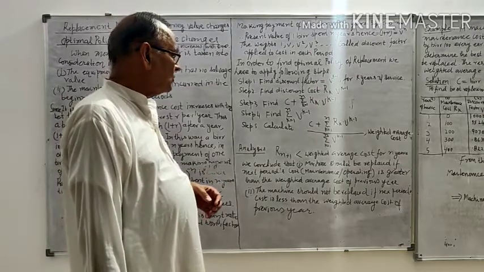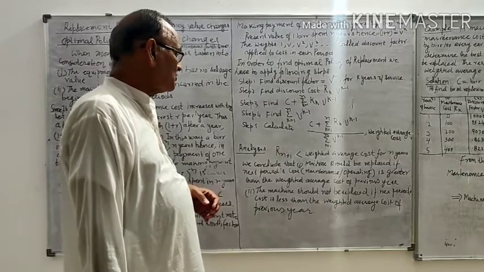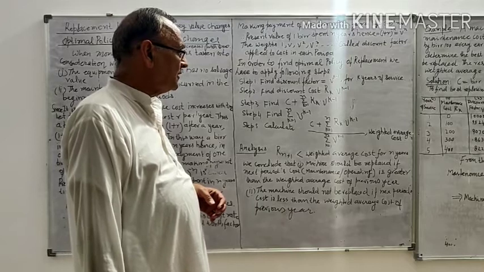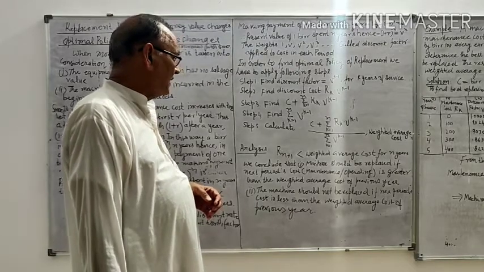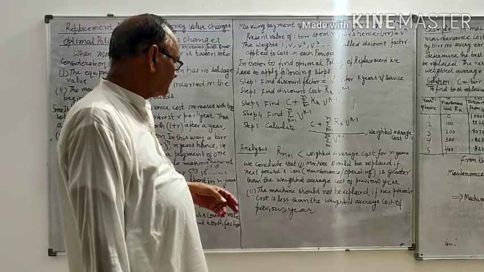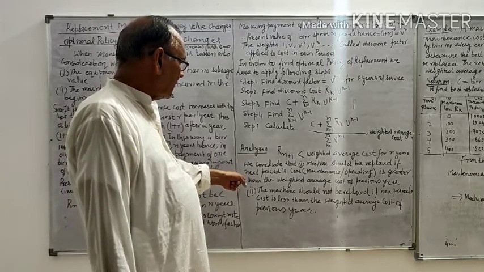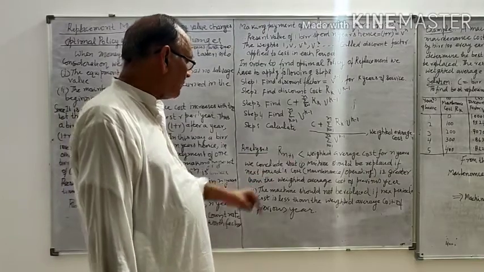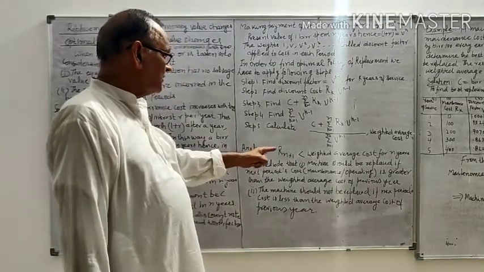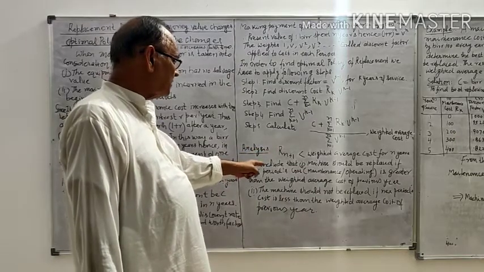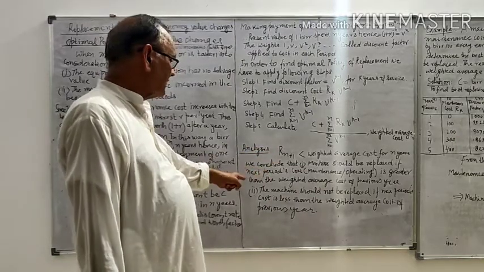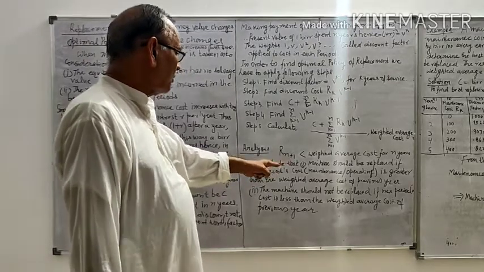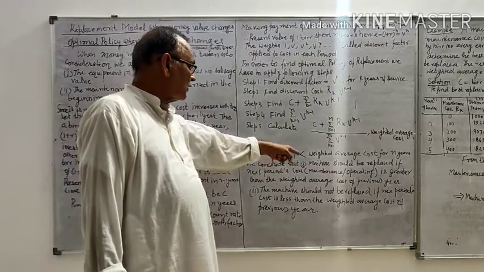We conclude that the machine should be replaced if the next period's maintenance operating cost Rn plus 1 is greater than the weighted average cost of previous years.